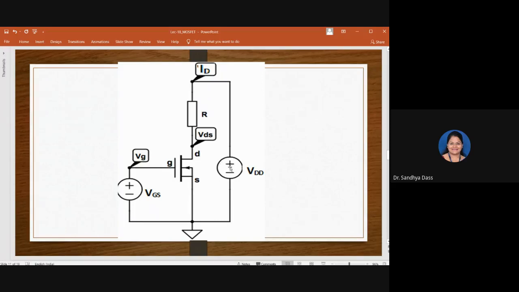Across drain and source, you connect the biasing voltage VDD or VDS. The drain resistance RD is connected in series. And at the input, you provide a biasing voltage between gate and source, say VGS, which is another supply.